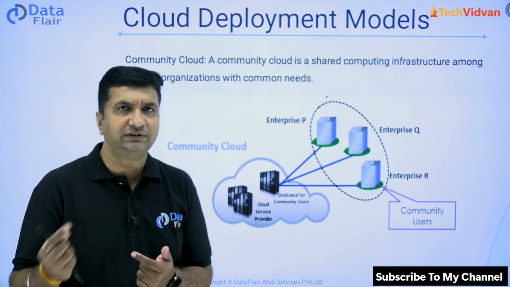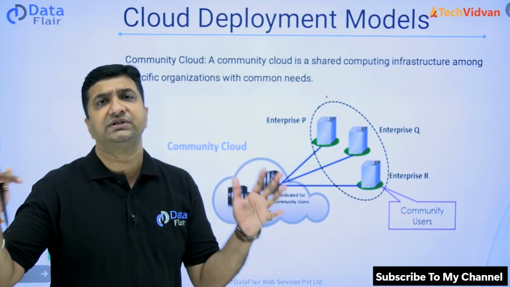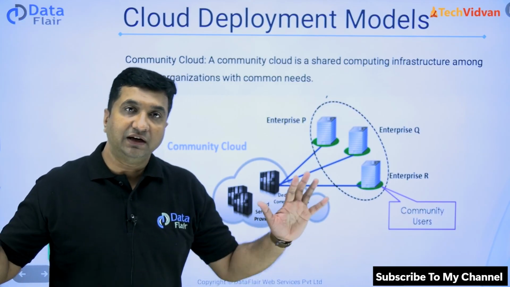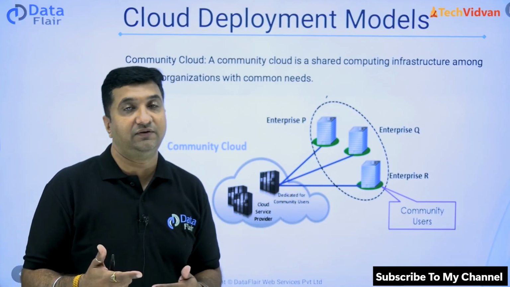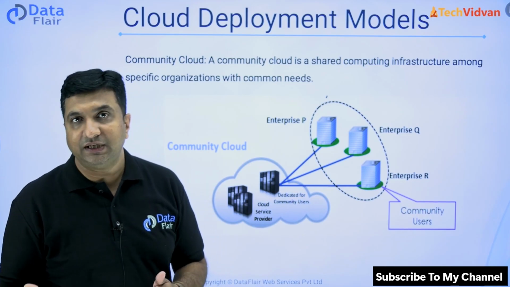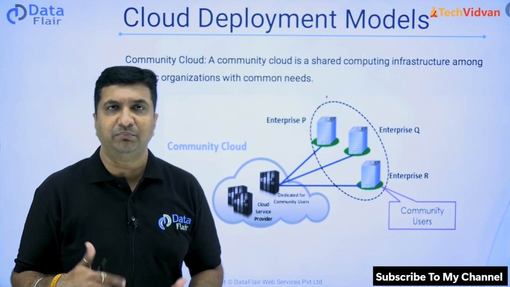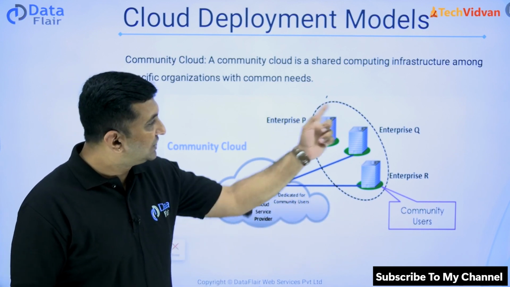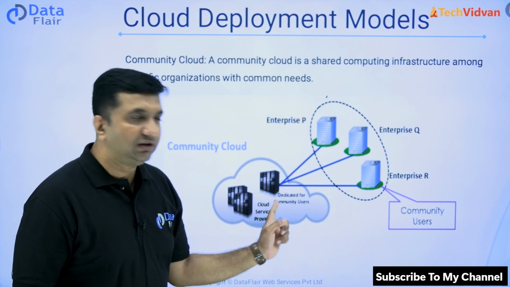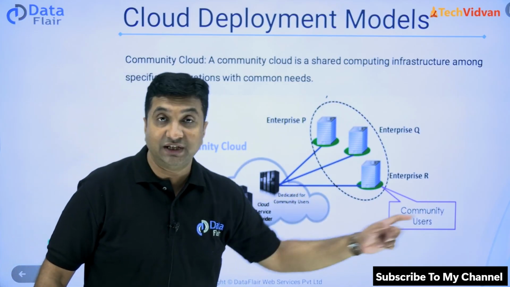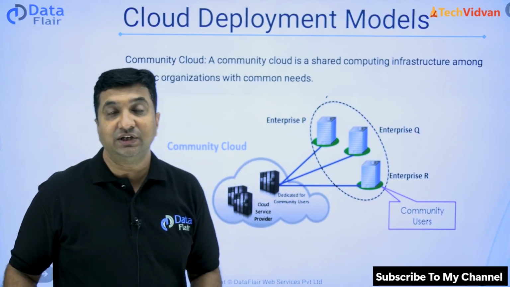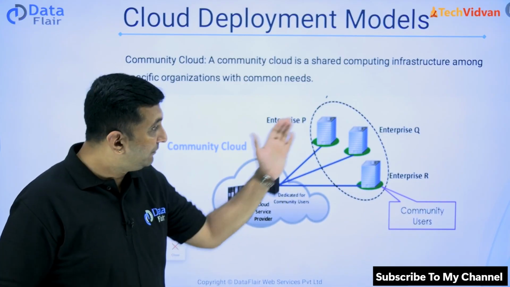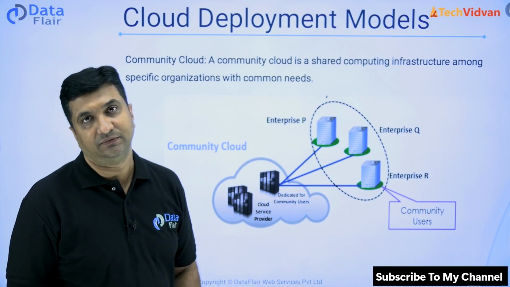Just think about universities, or a group of institutions, or a group of companies, where they need the same kind of infrastructure, scalability, privacy, compliance, and security requirements. Then they can share the infrastructure because they are community users with similar concerns. They can save some cost from this approach.